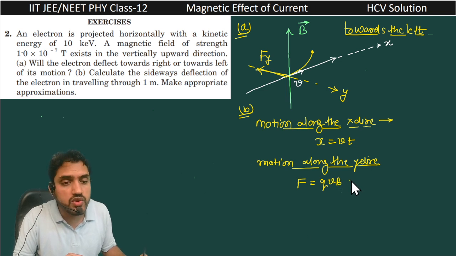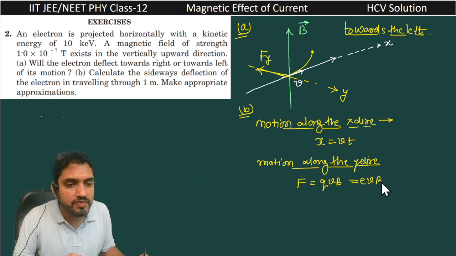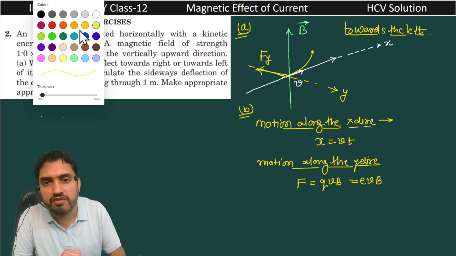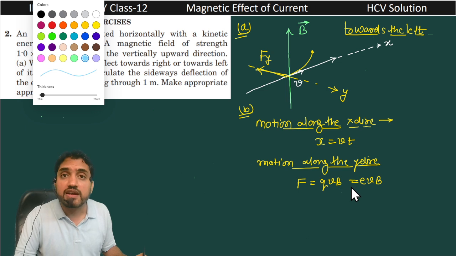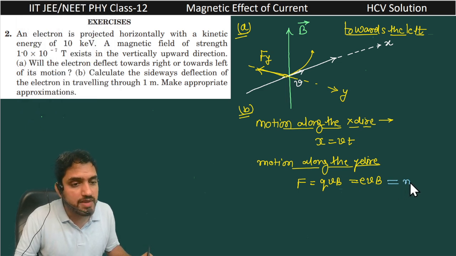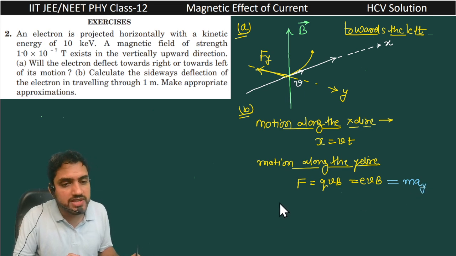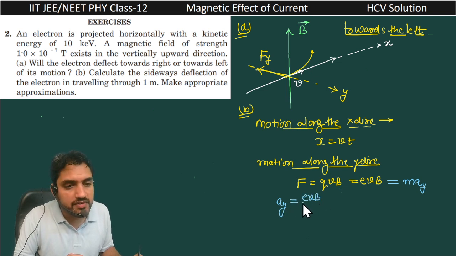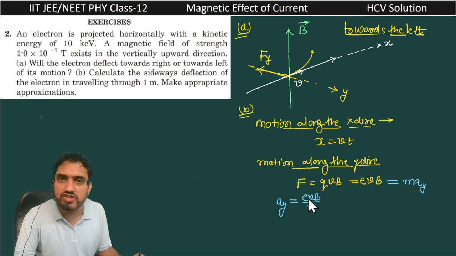It is an electron, so you can write evb. This force equals mass into acceleration, so m times ay. So the acceleration in the y direction is ay equal to evb divided by m.